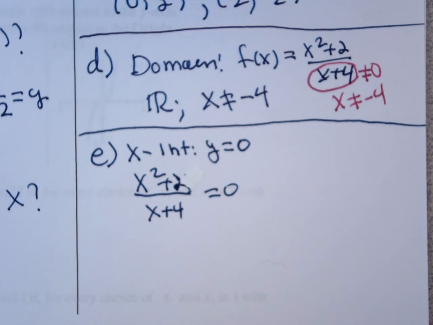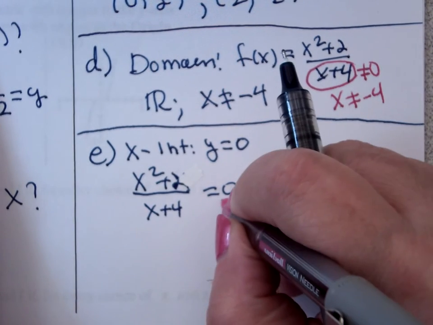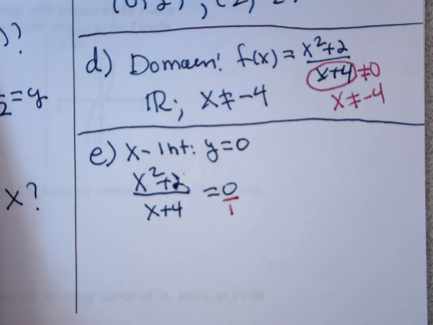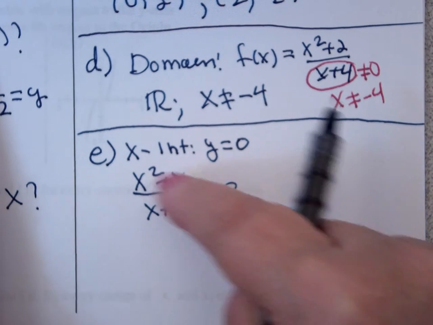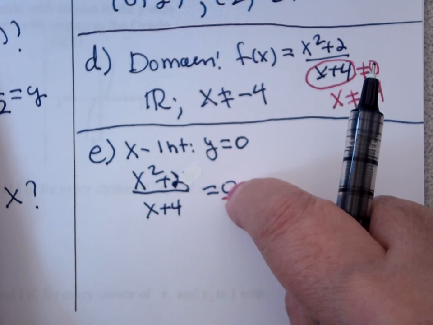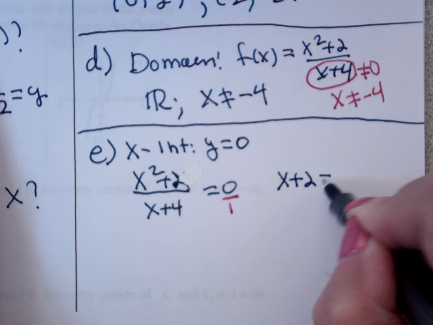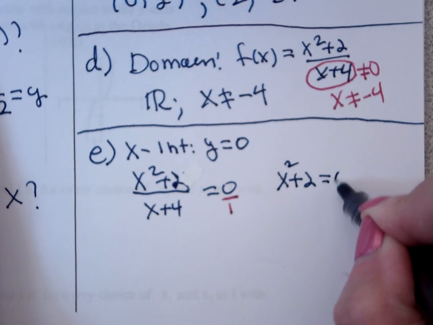Remember, the denominator equals 0 is undefined. Or you could say, I would put this over 1. What's 0 divided by 1? 0. And if I cross multiply, x plus 4 times 0 is 0. And so I get that x squared plus 2 equals 0.